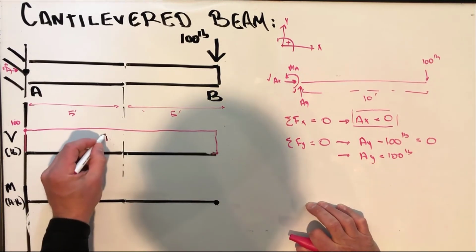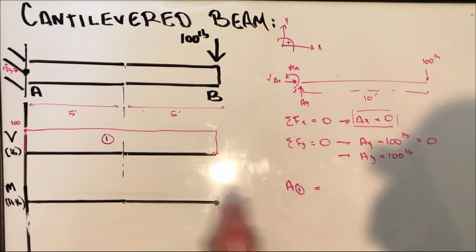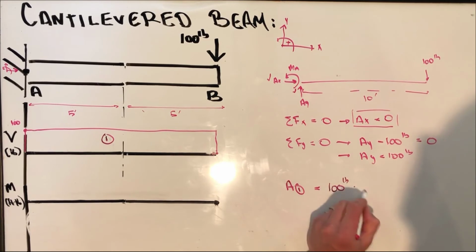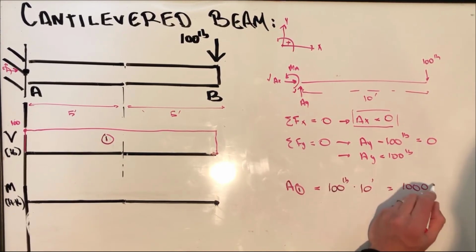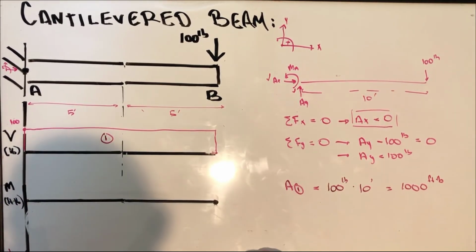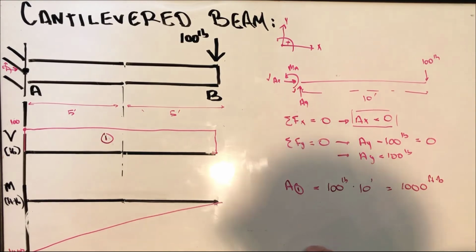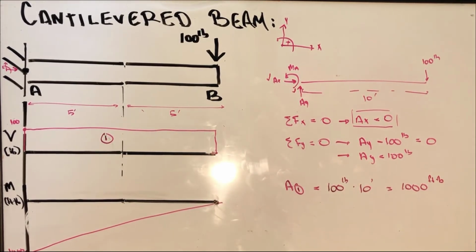And our max moment, let's call this area 1, equals the area under that curve, which is 100 pounds times 10 feet equals 1,000 foot-pounds. So here's our negative 1,000, and we have that constant positive slope taking us back to 0. Okay, so there we go.